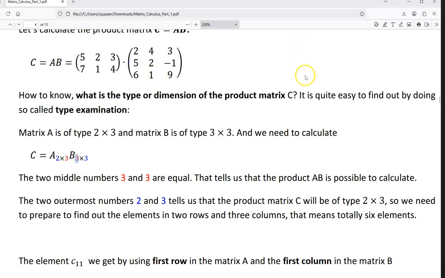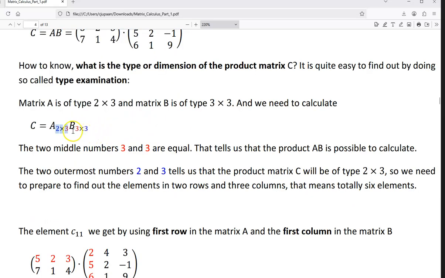We just checked that using my calculator, and there I had 2 matrices which were both 2 by 3 matrices. So that was the reason it was not possible to calculate.